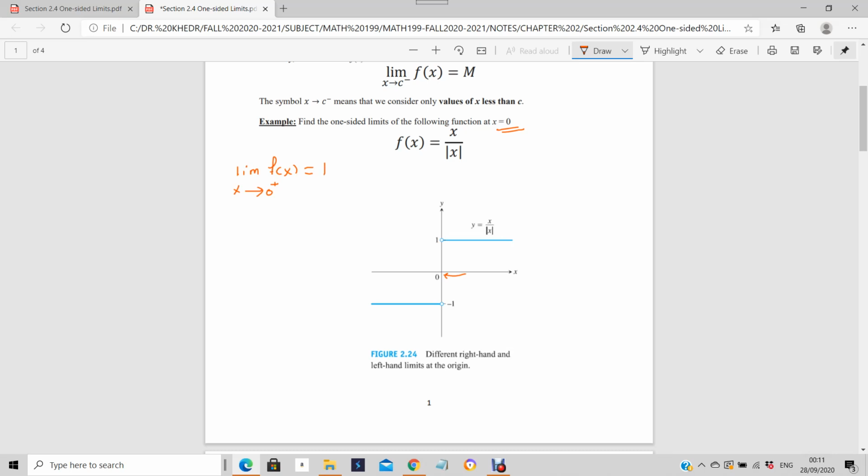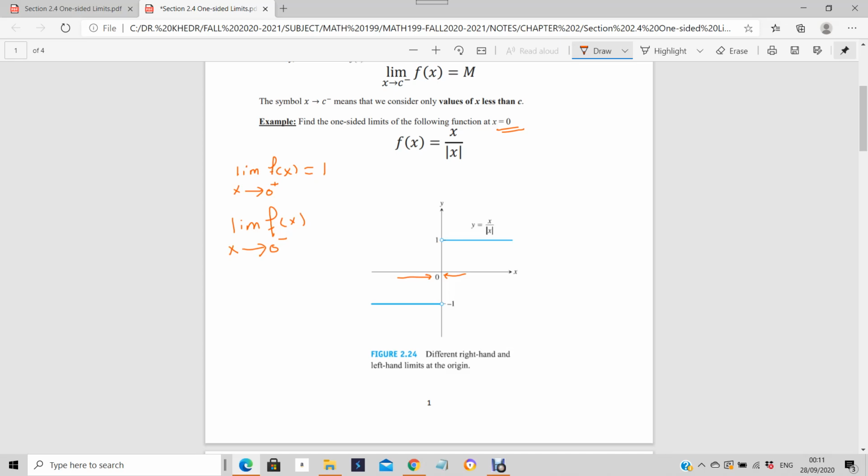Okay? Now, if I'm approaching x equals 0 from the left side, we will write it like this: on the top of 0 we put a minus, meaning I am moving towards x equals 0 from the left side. So as x is approaching 0 from the left side, I have to follow this line.